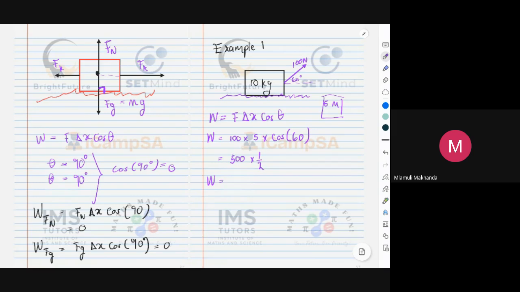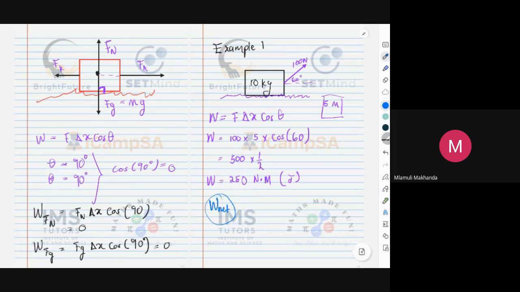Okay, we're going to have 250 newton meters, which is joules. But then let's say they ask us, what is our net work?